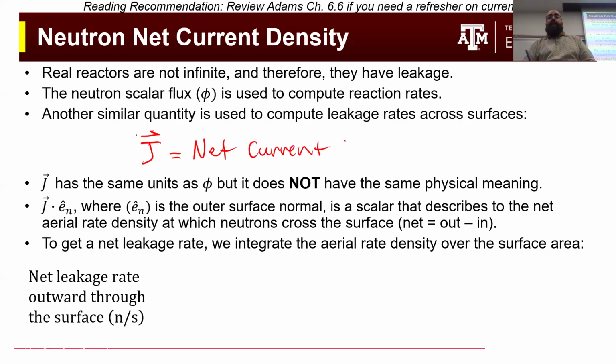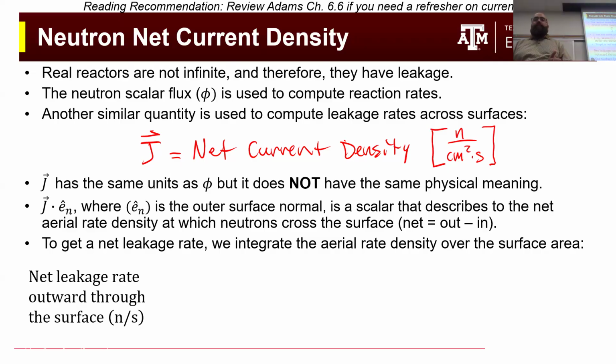Big J is a vector, so that's a little hat, and this is the net current density. It has the same units as an intensity, so neutrons per unit area per unit time. It's kind of confusing because you could think of it as having the same units as the flux, but it doesn't have the same physical meaning, because J tells you about a leakage rate through a surface.